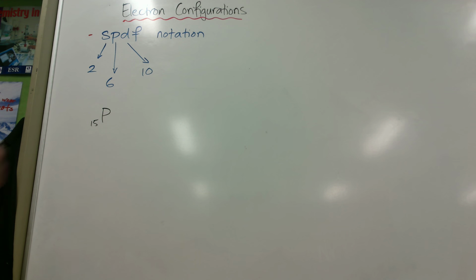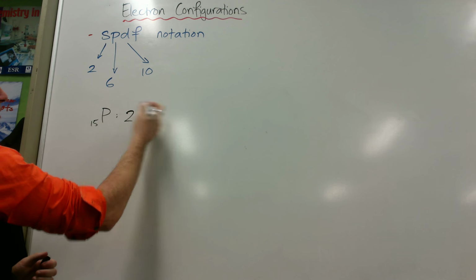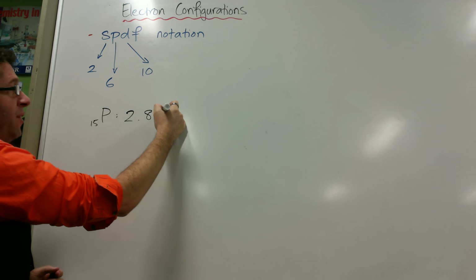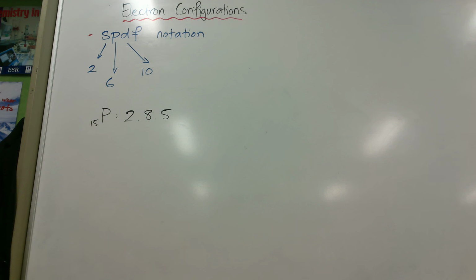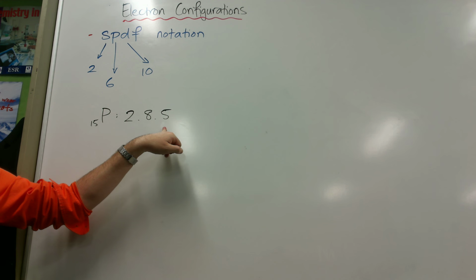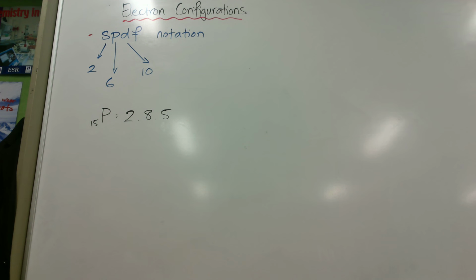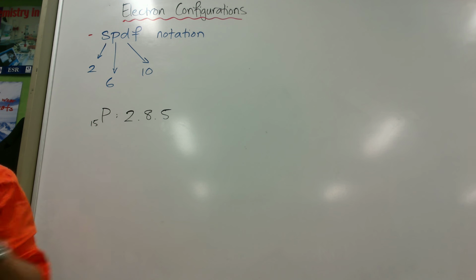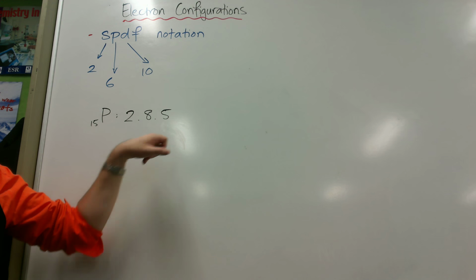Under my old system I would have said 2, well that hasn't got to 15, 8, well that's got to 10, and then 5. And that would have explained why it's got a valency of 3, because it's 3 away from being full. This explains why it becomes a 3- ion, because it has to take 3 to get full, and it won't lose 5. Okay, 5's too many.